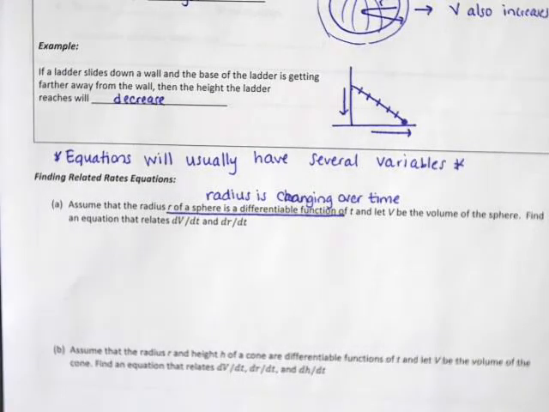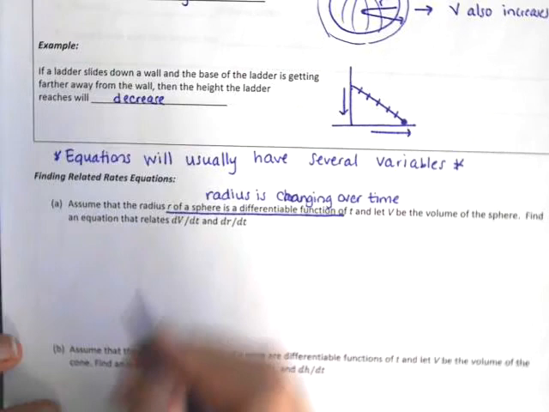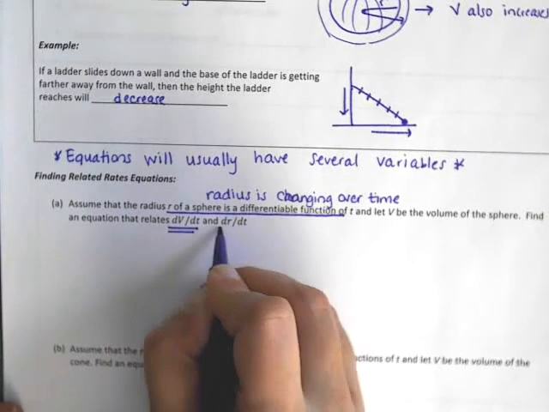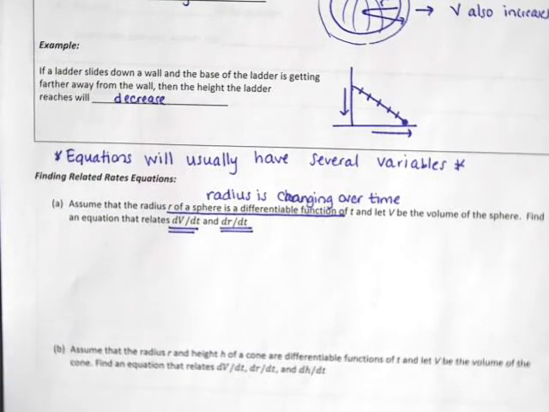They affect each other, but they're not the same rates all the time. Find an equation that relates dV/dt and dr/dt. In other words, the rate at which the volume is changing should be related to the rates at which the radius is changing.